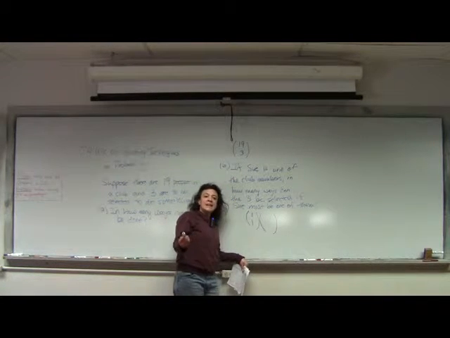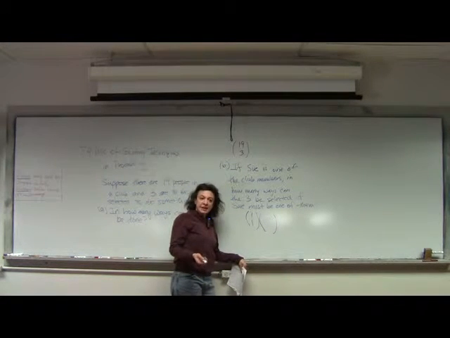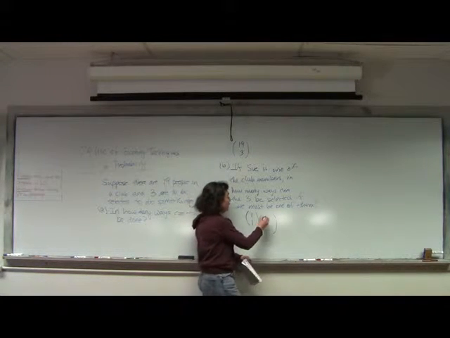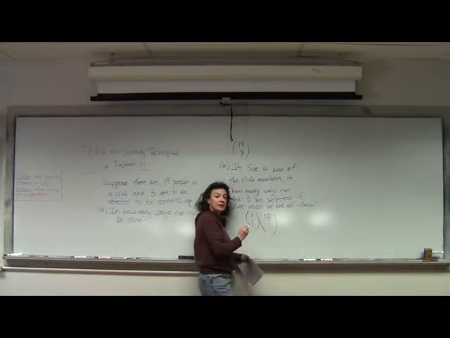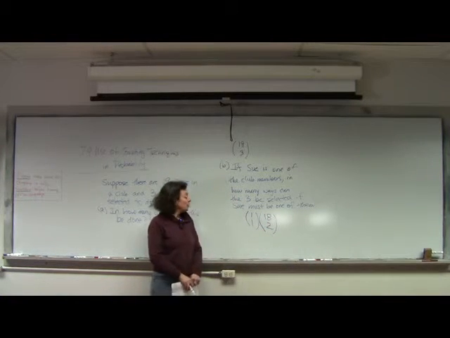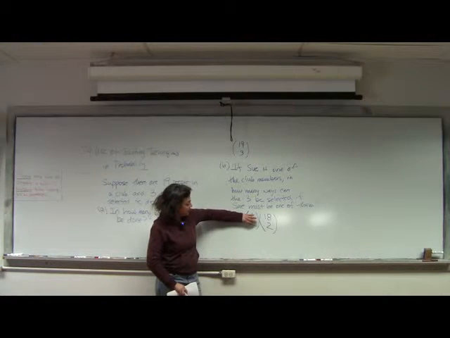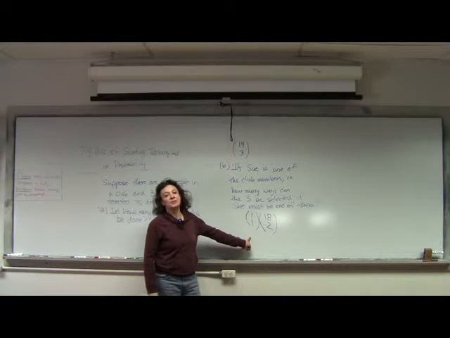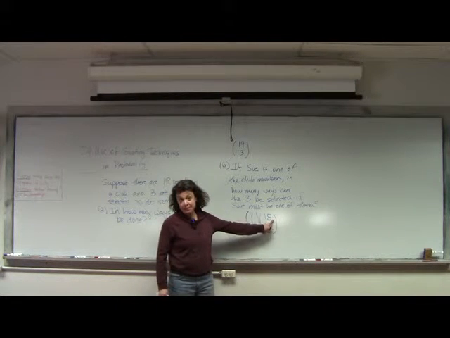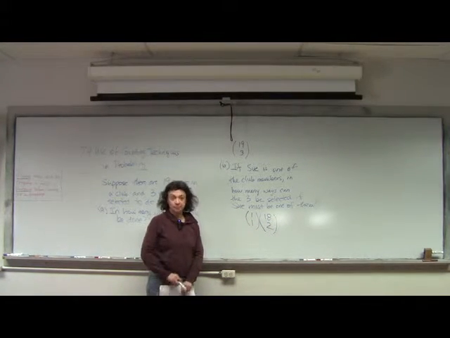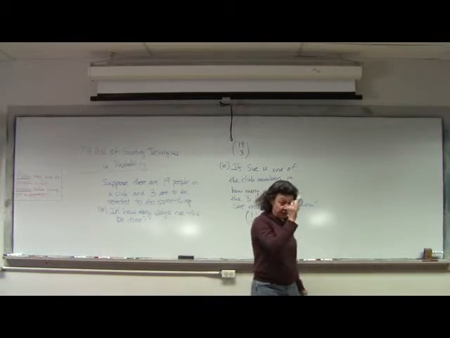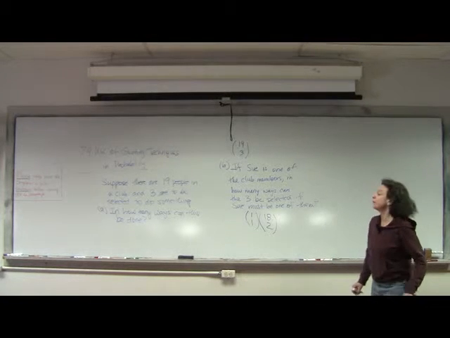Well, we've already taken care of Sue, so if there's 19 people in the club, and we've already talked about Sue, I think you'll grant me that there's 18 people left to choose from, and we want to choose 2. Now, technically you don't need this first term. You could just say, hey, there's one way to choose Sue, choose her, and then, well, there's 18 people left, and we want to choose 2 of them. Okay? All right, so this kind of goes back to the section 6.4 that we were talking about prior.